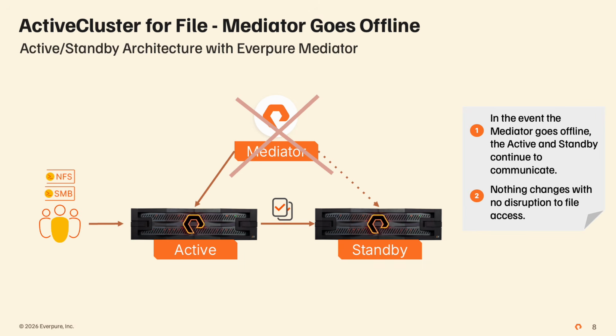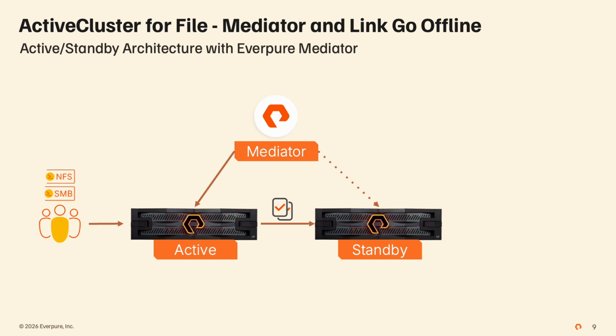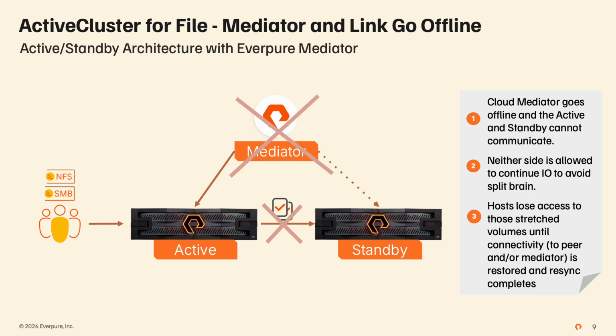The second Murphy's Law scenario is something much bigger, and I think if it happens, you've got bigger problems to deal with. But what happens if the Mediator and the link between the two arrays goes offline? Well, the Mediator goes offline and the active and standby can't communicate with that link down.